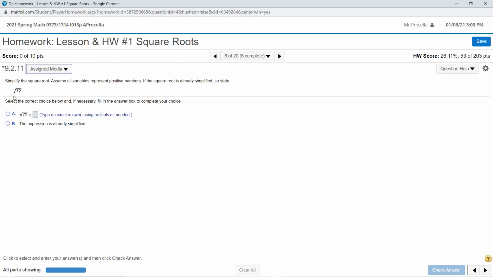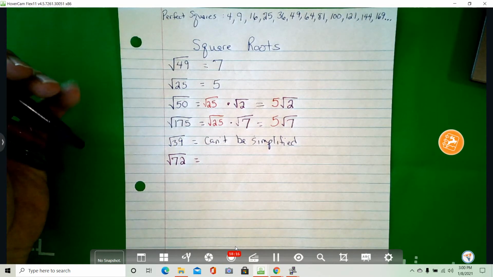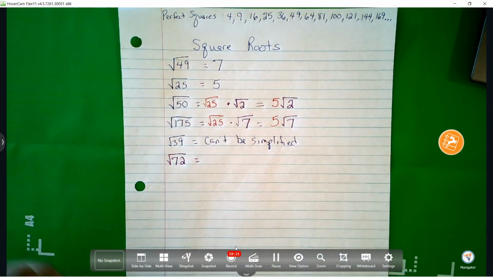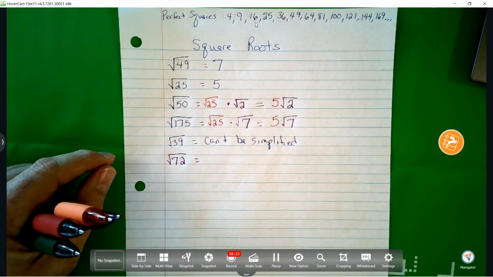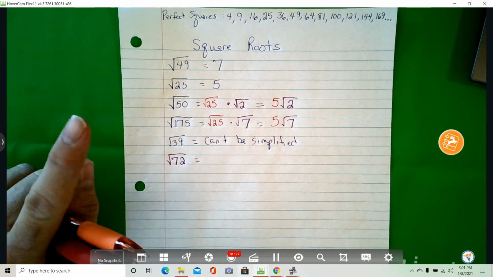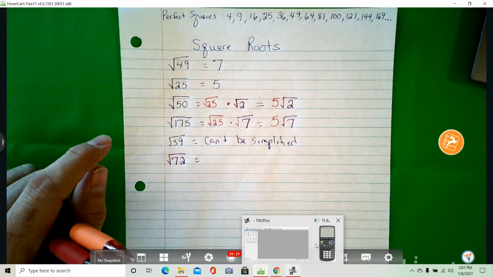What about the square root of 72? Square root of 72. This is a good example. Let me look back at this. Square root of 72. Well, look at my perfect squares. Here we want the biggest perfect square that divides evenly in there.